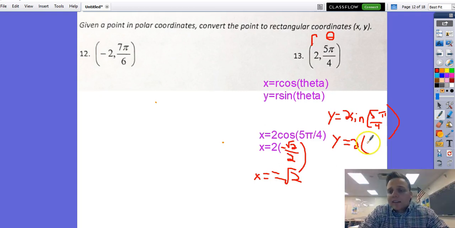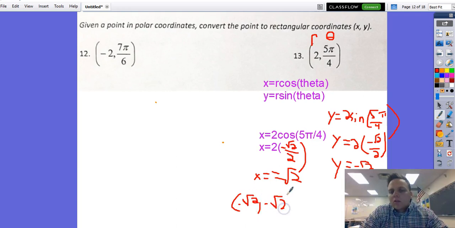It's the same thing, negative square root of 2 over 2. The 2's cancel, so I'm left with just y equals negative square root of 2. My final answer is the rectangular point negative square root of 2, comma, negative square root of 2. Let's move on to 14.